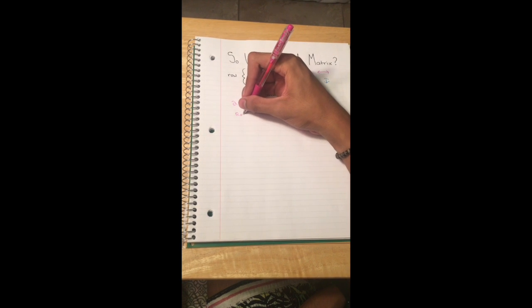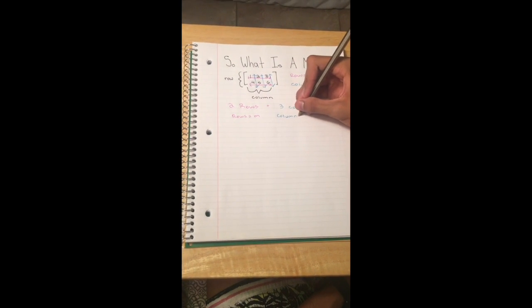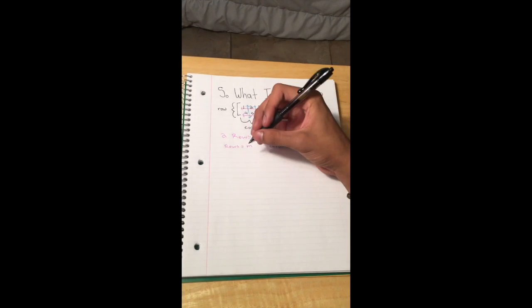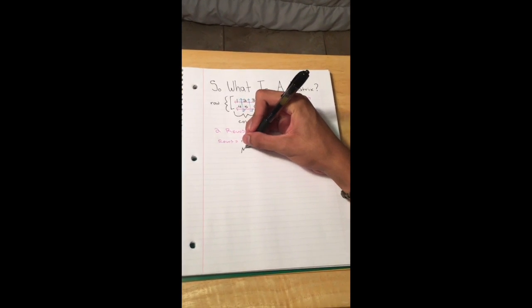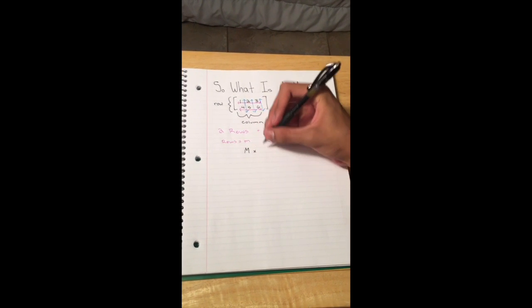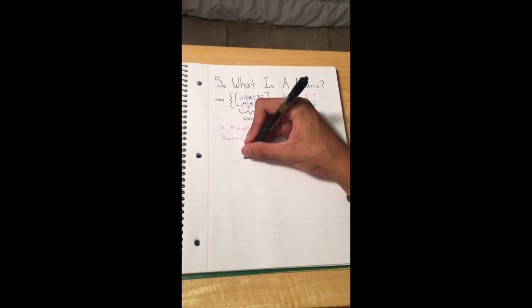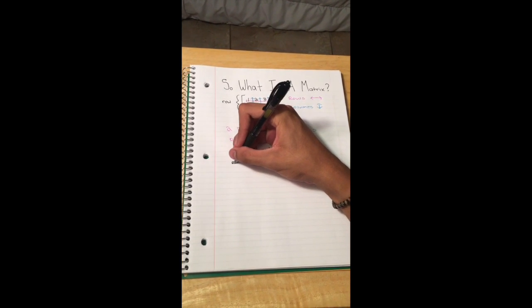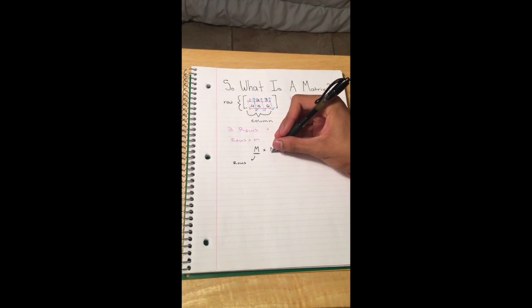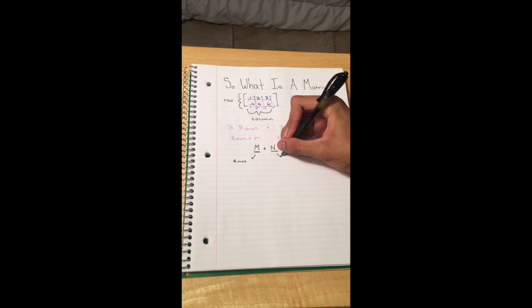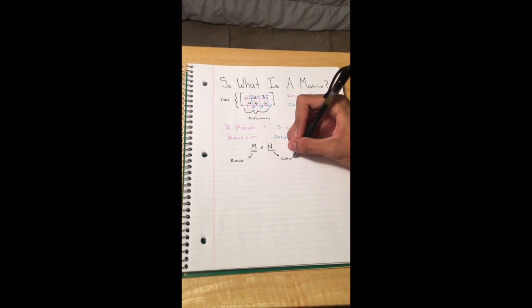Another way to write rows and columns together is that rows would equal M and columns would equal N. Another way to write it out, just to make it easier when you're trying to find rows and columns, would be that M times N would be the expression you would use for it, meaning that M equals rows while N equals columns.